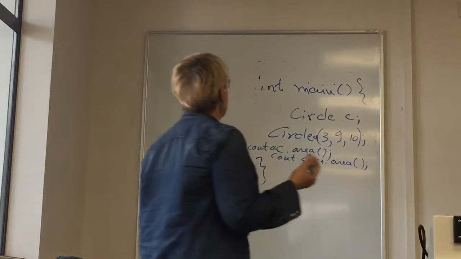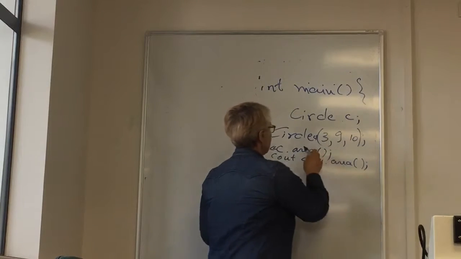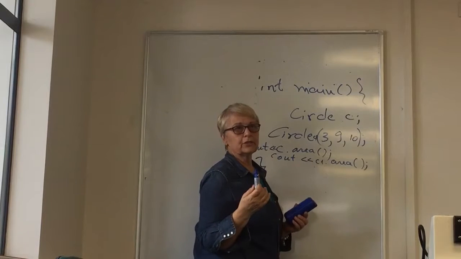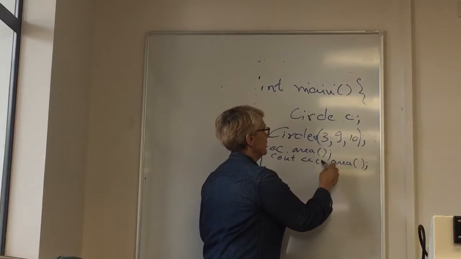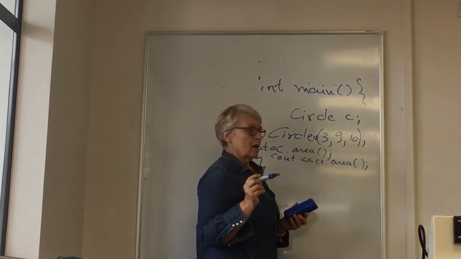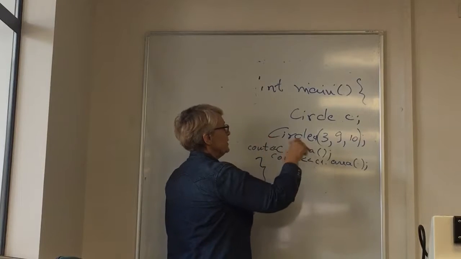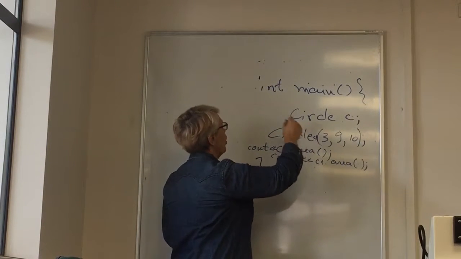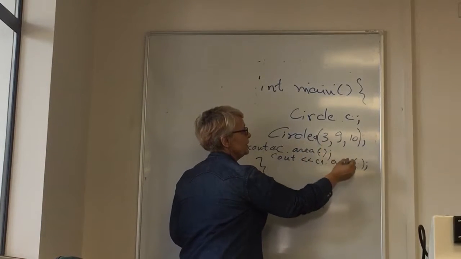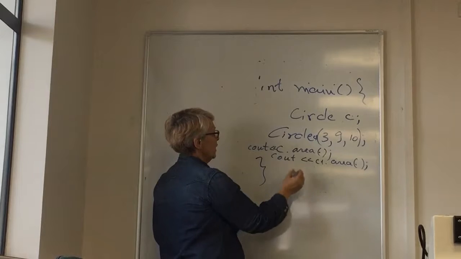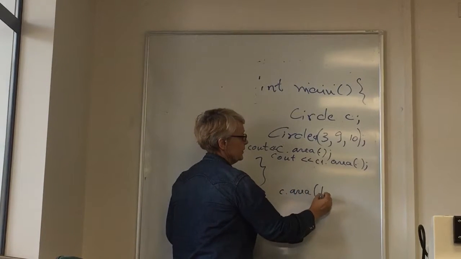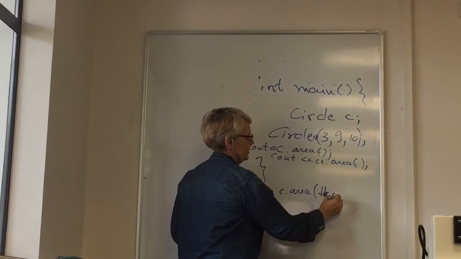How does the system know that here this area has to be called for 0, 0, 0, whatever was in the circle, and how does this area work with C1? When we declare the C objects, each method comes with a hidden pointer called this. So C.area, in fact, comes with this pointer, but you don't see it by default.